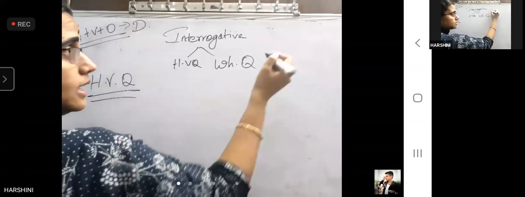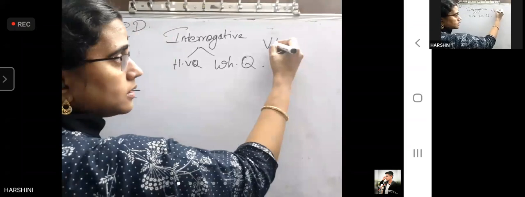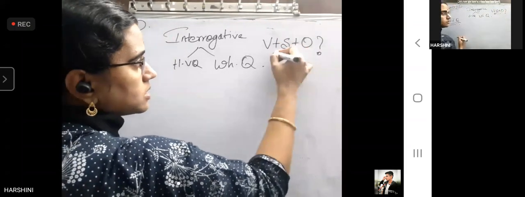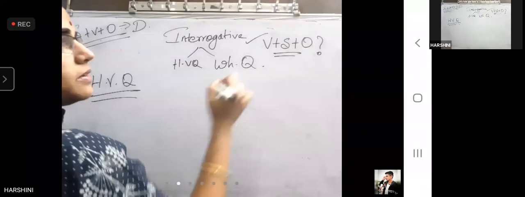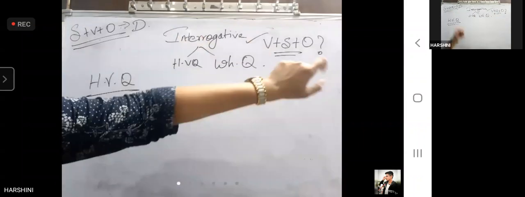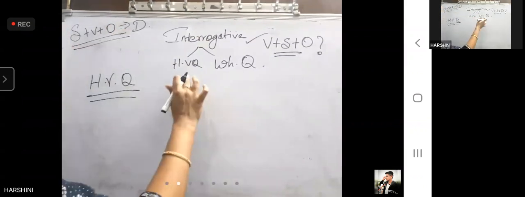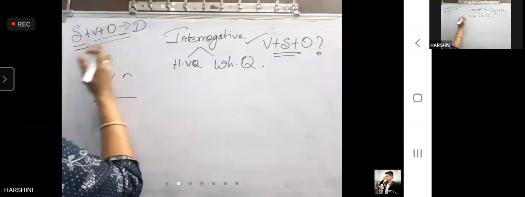Whereas an interrogative sentence has the structure of verb plus subject plus object and a question mark. Please make a note. Keep the heading like this. The structure is this, not this. This is only declarative. Let us check with the examples.